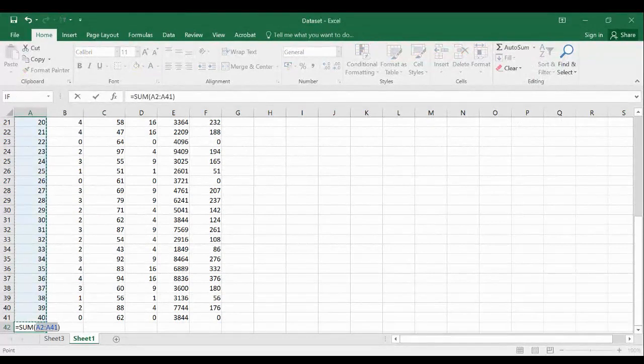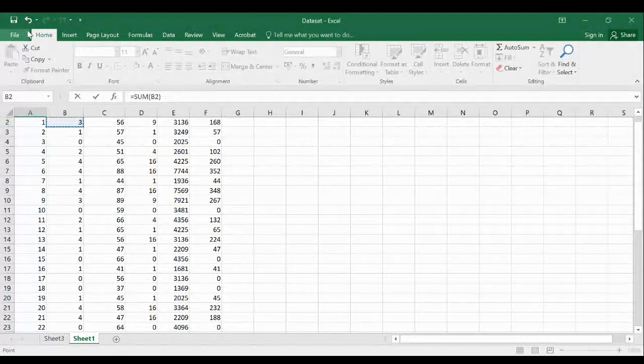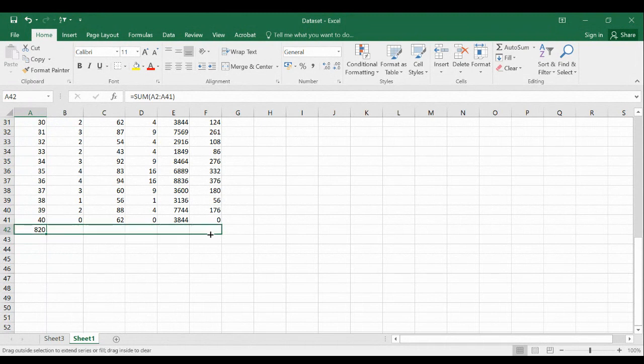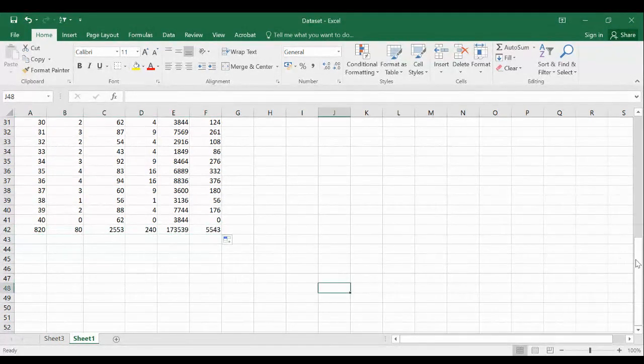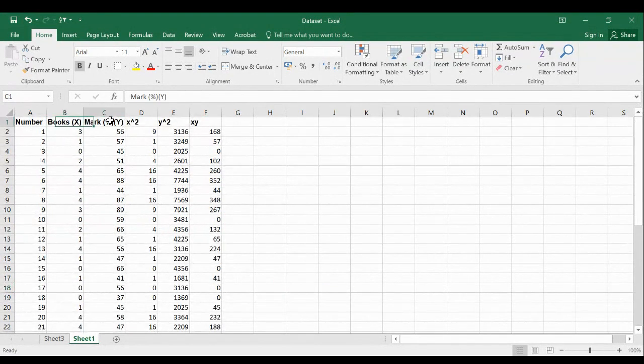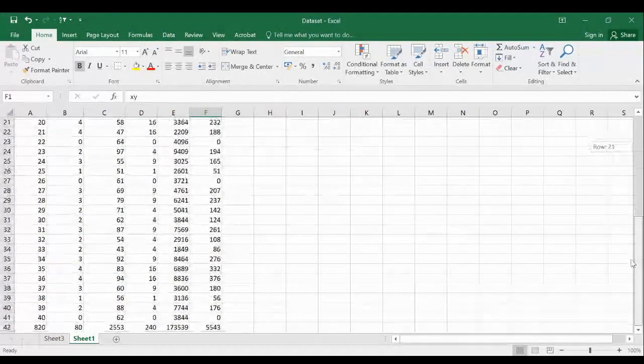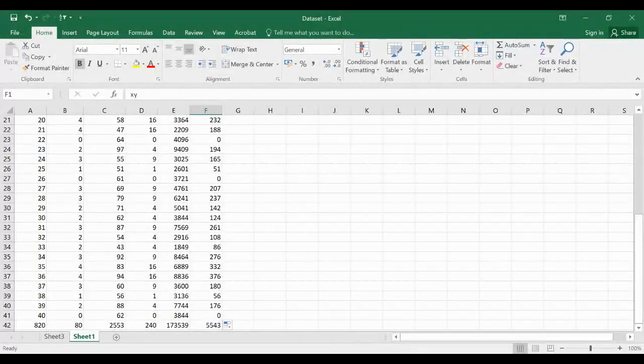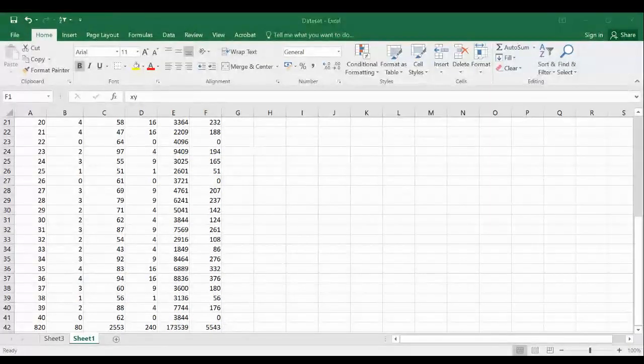Then I need the sum of this, and I can also get the sum of these other ones. So remember the order here: X, Y, X squared, Y squared, XY. Can you see what I've projected?